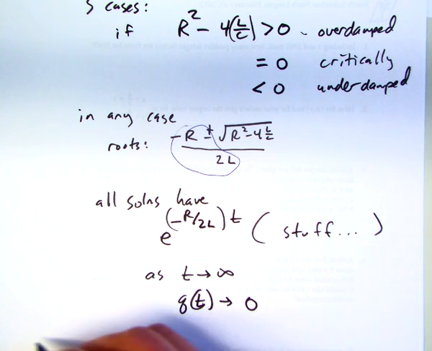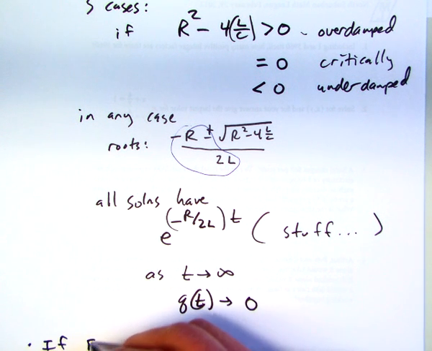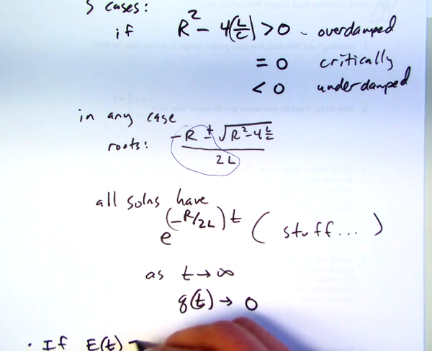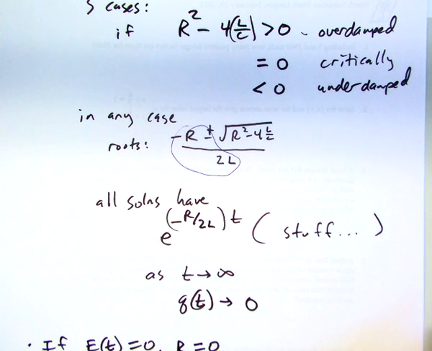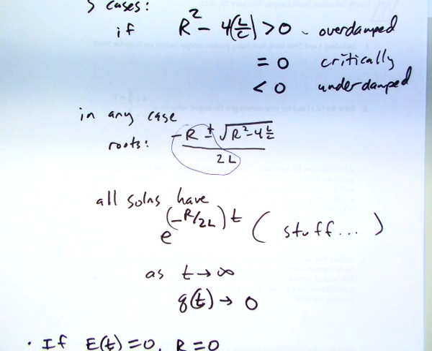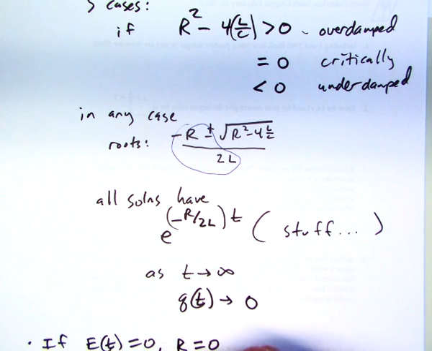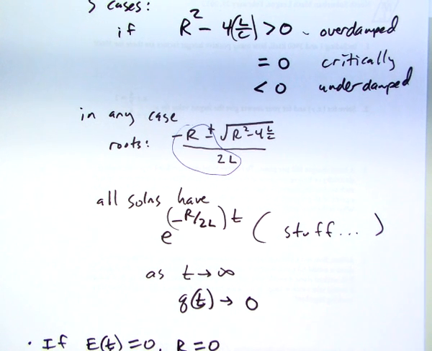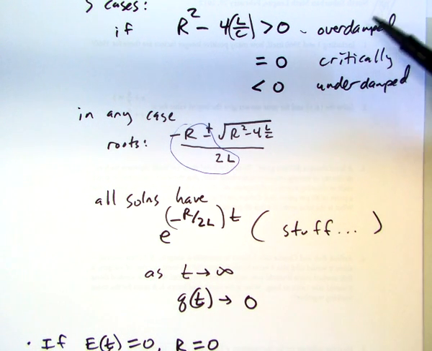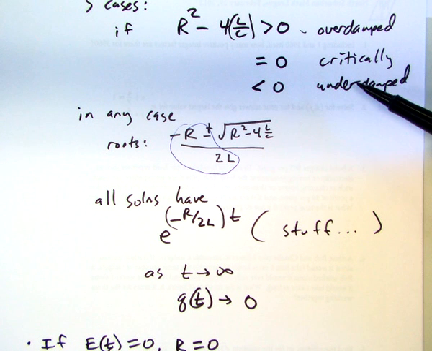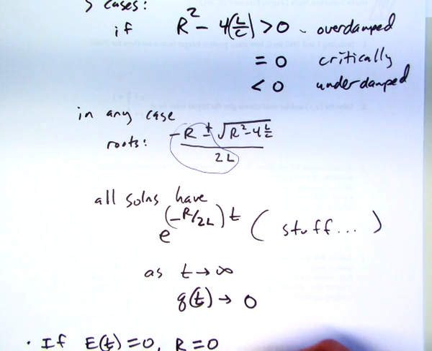One more side note, and then we'll do a problem or two. If E of t equals 0 and there is no resistance, two things we want to say. One, you should be able to tell me: if there's no resistance, do we have any of this going on? There's no damping force, so this is going to be undamped.